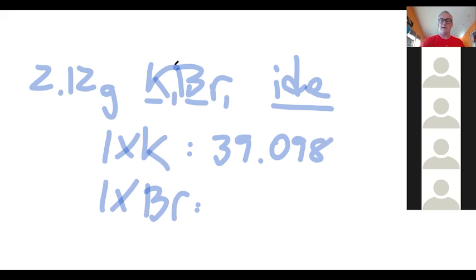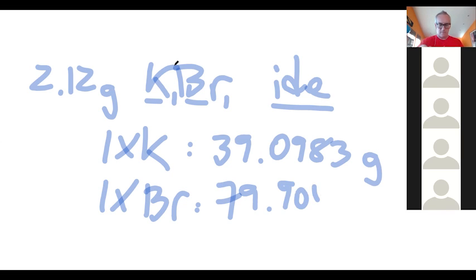Ooh, you even got the 3. Excellent. And 1 mole of bromine is how much? 79.904. Yep. Grams. So we just add them together to get the mass of 1 mole of both of them together. So what's the mass of 1 mole?